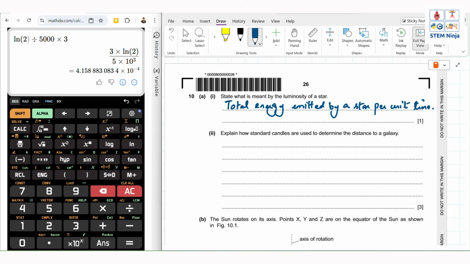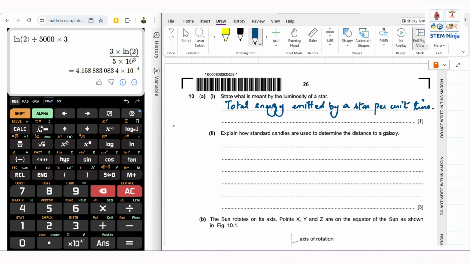Explain how standard candles are used to determine the distance to a galaxy. Okay. So basically, we have studied two types of standard candles. Standard candles have known luminosities.